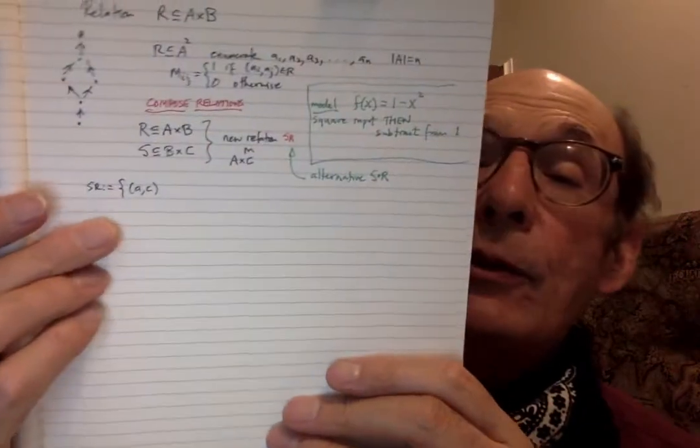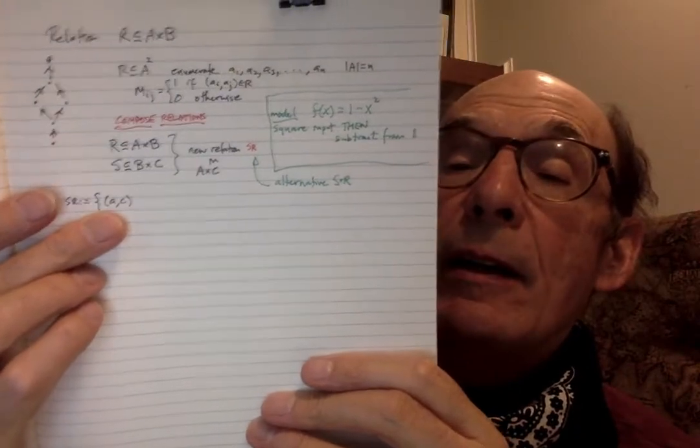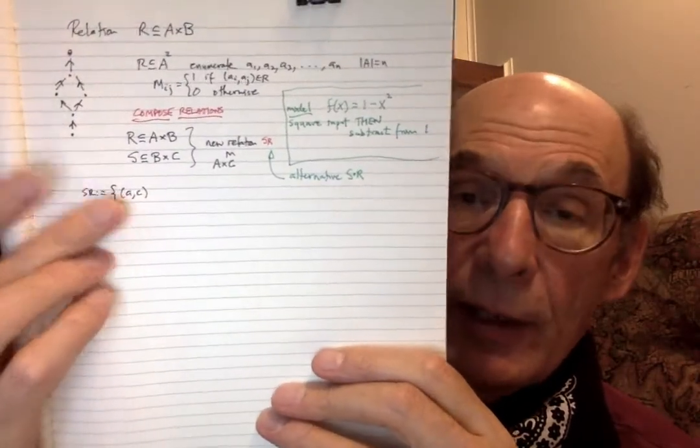So SR is by definition the set of all pairs AC. So SR is going to be a subset of A cross C. There it is. It's an element of A cross C. And with the property is that there exists a little b in B. This doesn't tell you how to find it. It's just the property that you have to have.